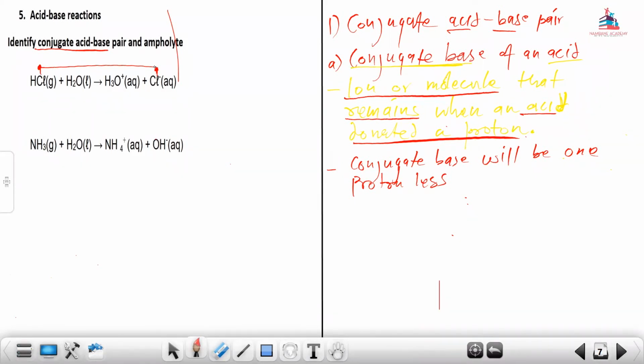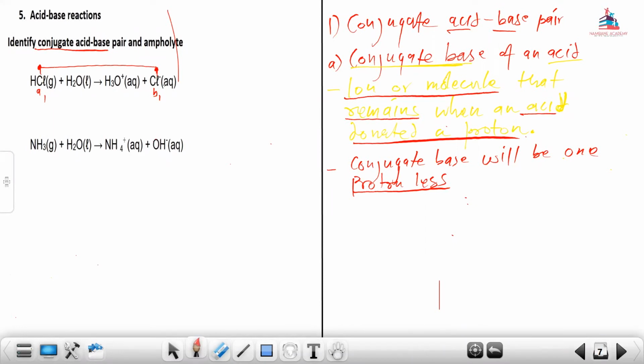So I will say now this is my acid 1, and this is my base 1. And the information here also says a conjugate base will be one proton less. So if I check B1, which is Cl minus, it is short of what?